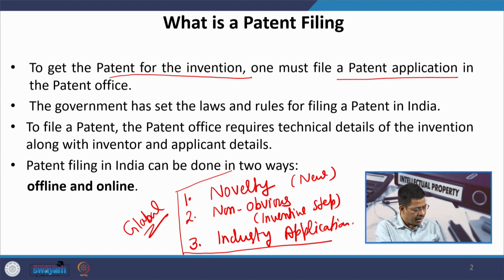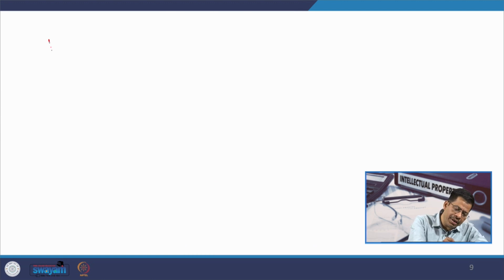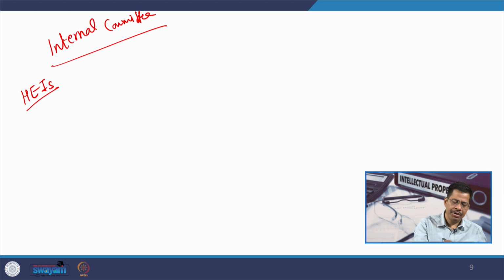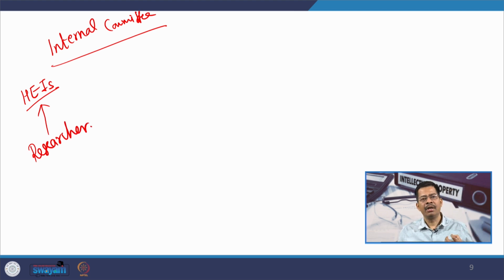For example, in various organizations, we have an internal system where we create internal committees. For example, you are working in a higher education institute, some HEI, you are a researcher, and you feel that my research has the potential of a patent, it should be protected under the patent system of India.